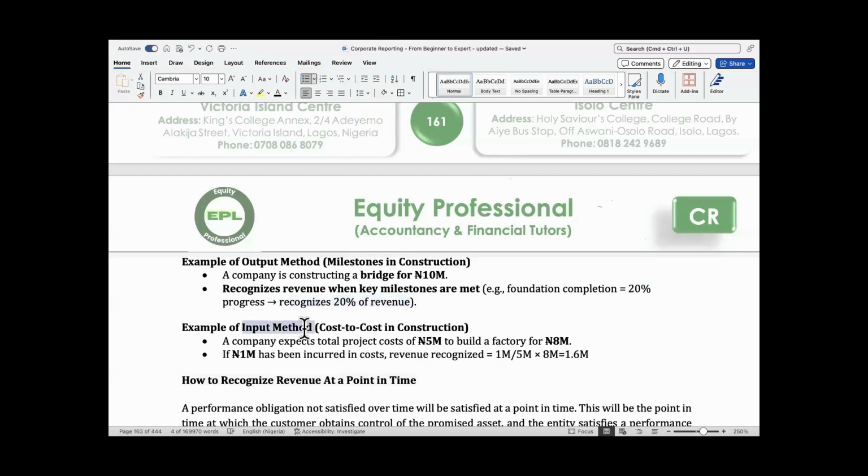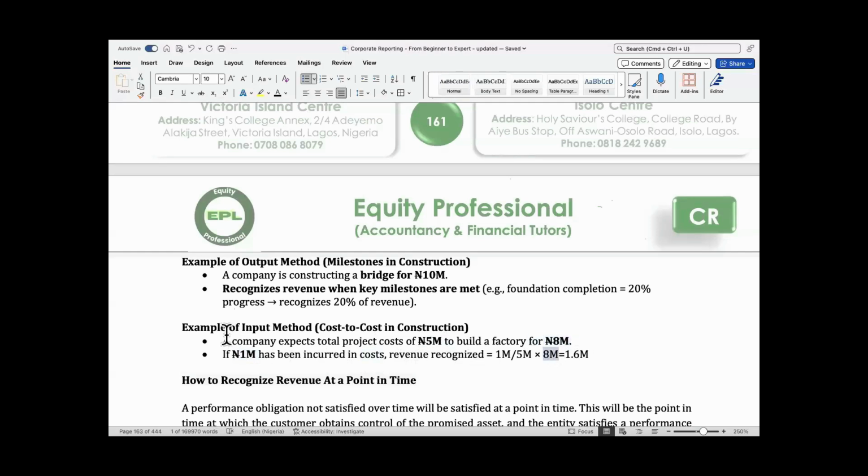Another one is the input method, by looking at the cost you have incurred to date. So if a company expects that the total project cost is 5 million to build a factory of 8 million, and 1 million has been incurred to date, the revenue you can recognize is the cost you have incurred to date over the total costs of this project, multiplied by the contract price, which is 8 million.